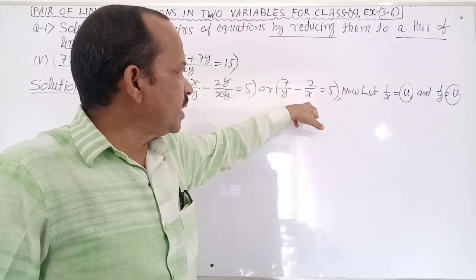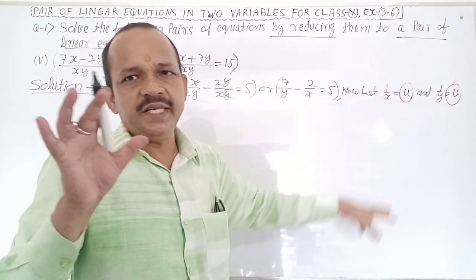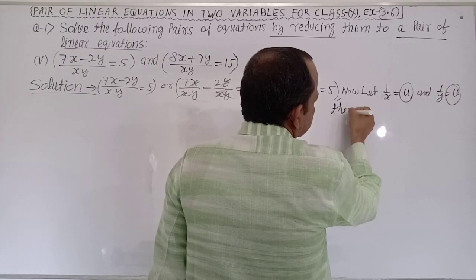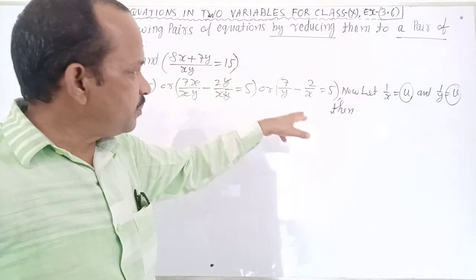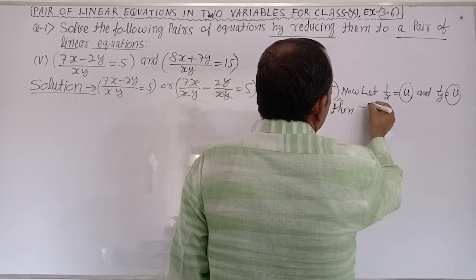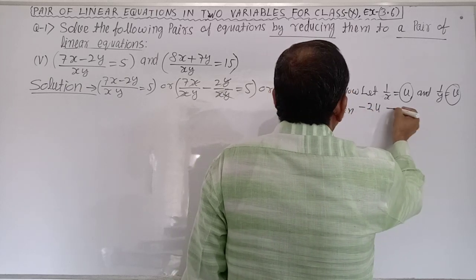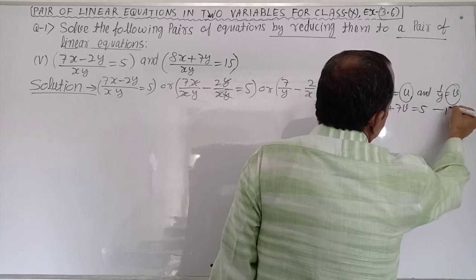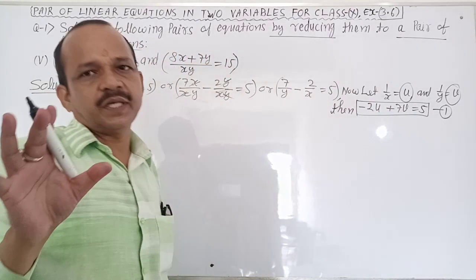Here 1 by x equal to u, 1 by y equal to v. Clear? Then your equation becomes minus 2u plus 7v equal to 5. It is equation first. Clear?